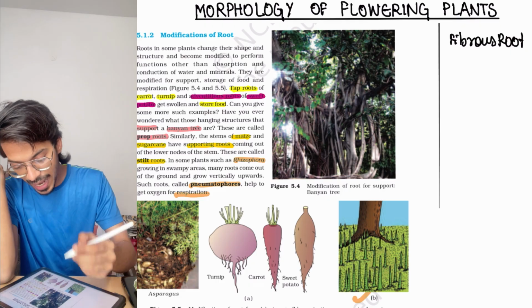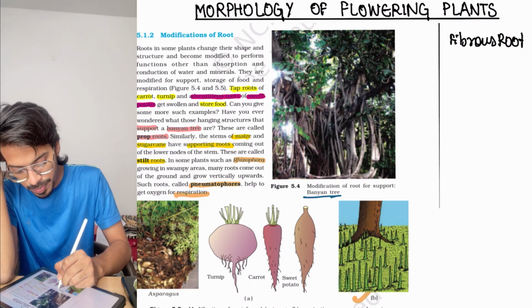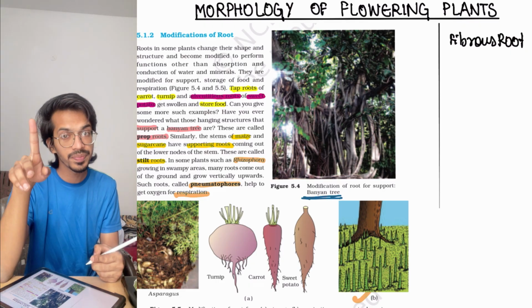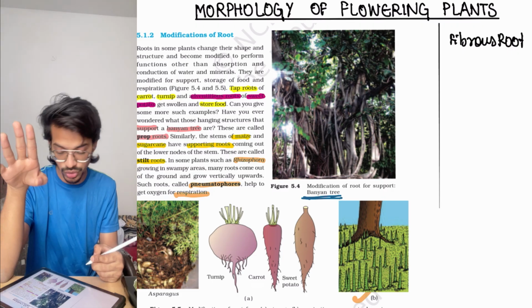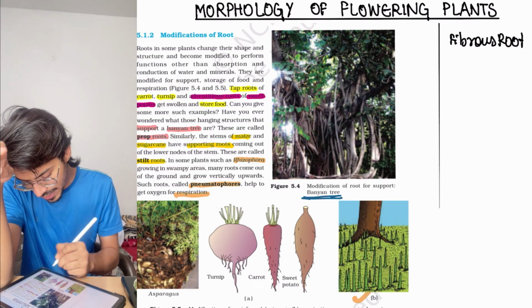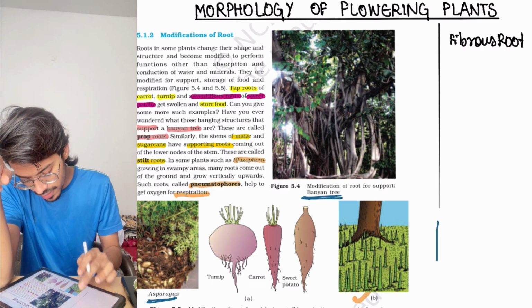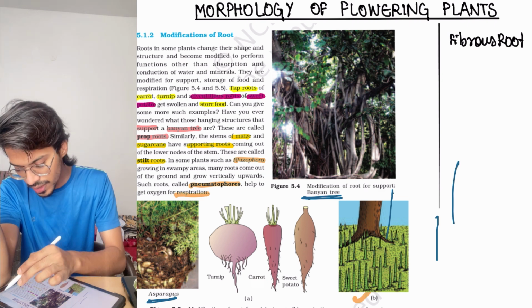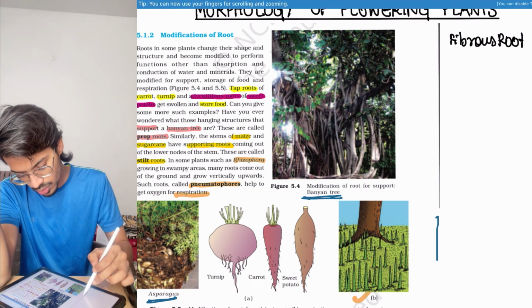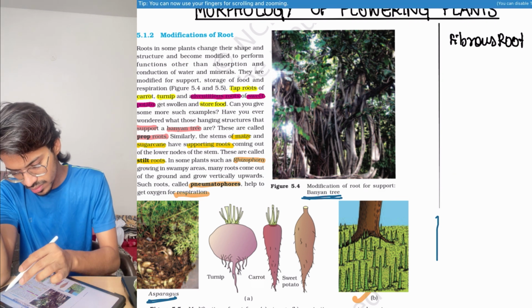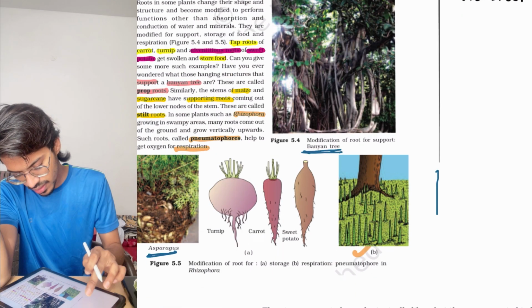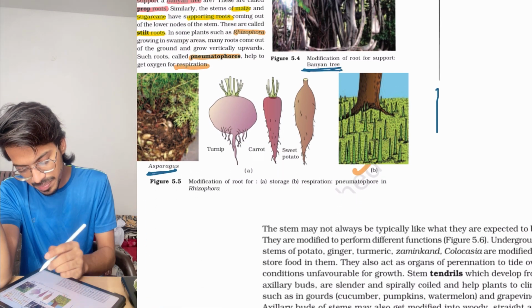If we see the diagram, here you have a diagram of the banyan tree showing prop roots. Then we have asparagus present over here. These are the modifications that are given. Next is asparagus.